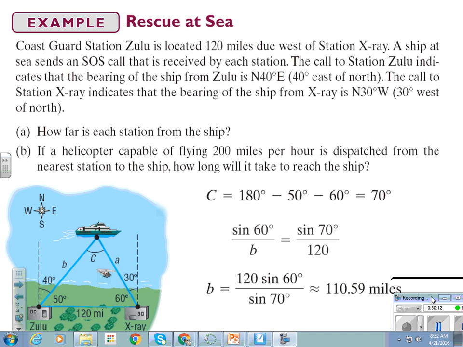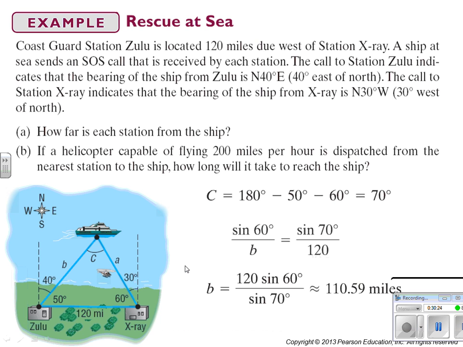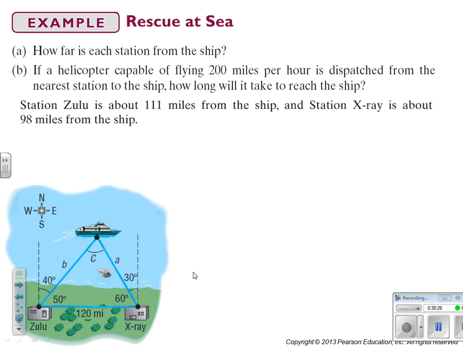Now, if you're a smart cookie, who do you deploy to go save this ship? The distance from X-ray to the ship is smaller than the distance from Zulu to the ship, so we're going to send X-ray on its way. So Station Zulu is about 111 miles. Station X-ray is about 98 miles.